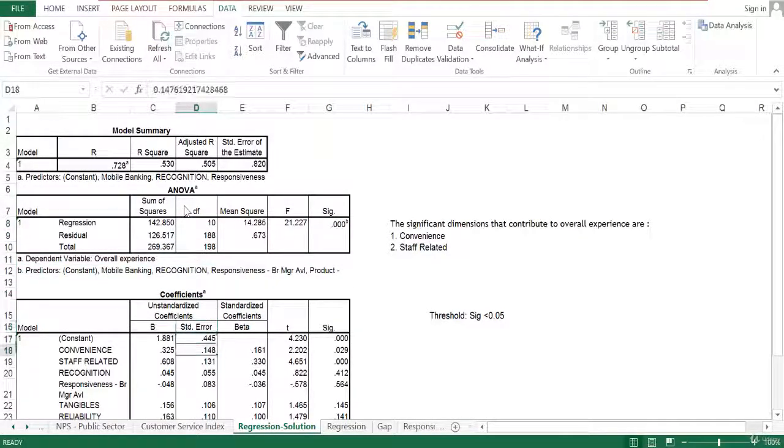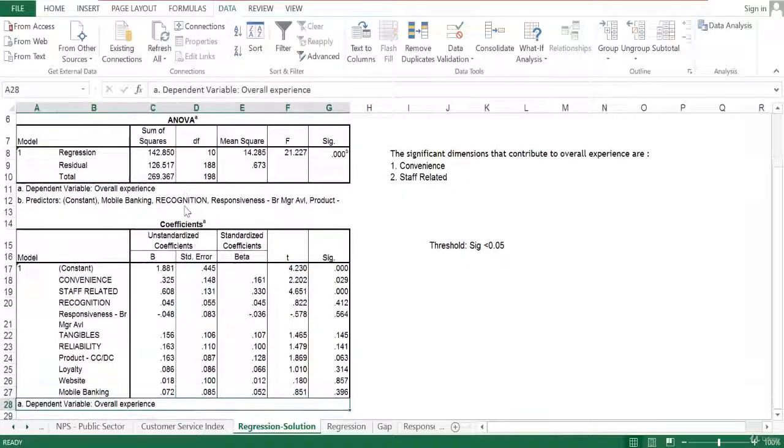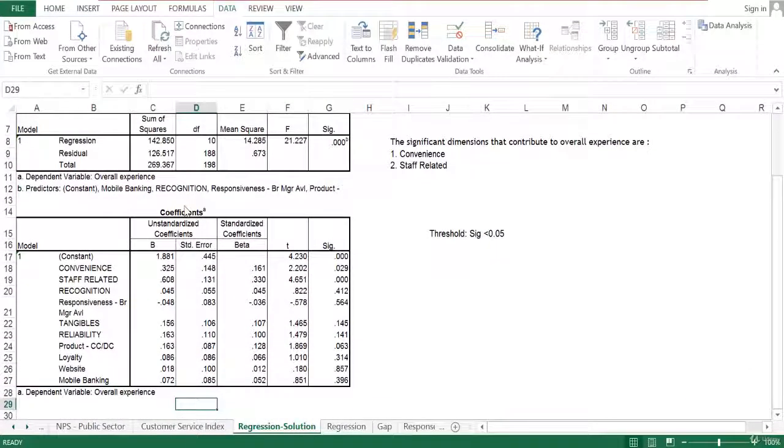The next table, which is the most important table from this model's perspective, is the coefficient table, where all the independent variables are listed and the coefficients of all these variables are listed.